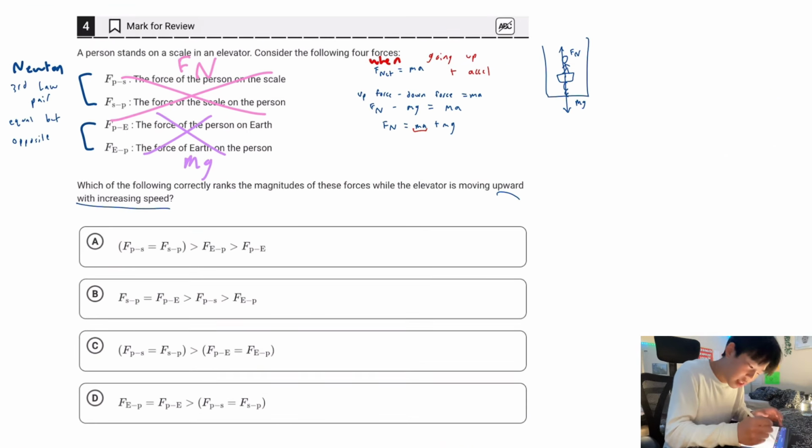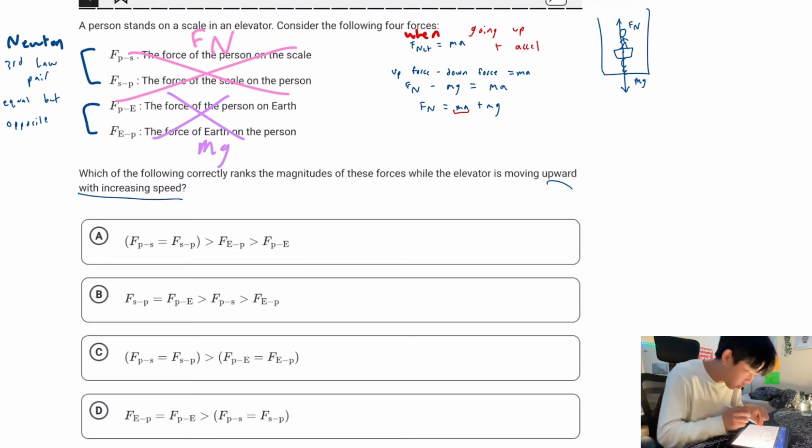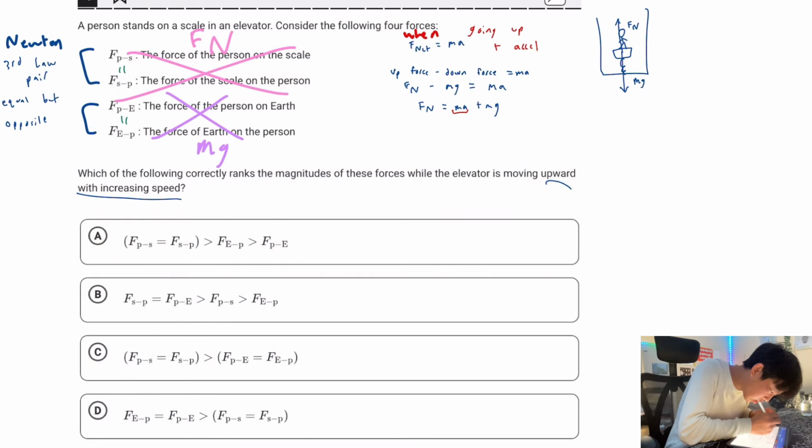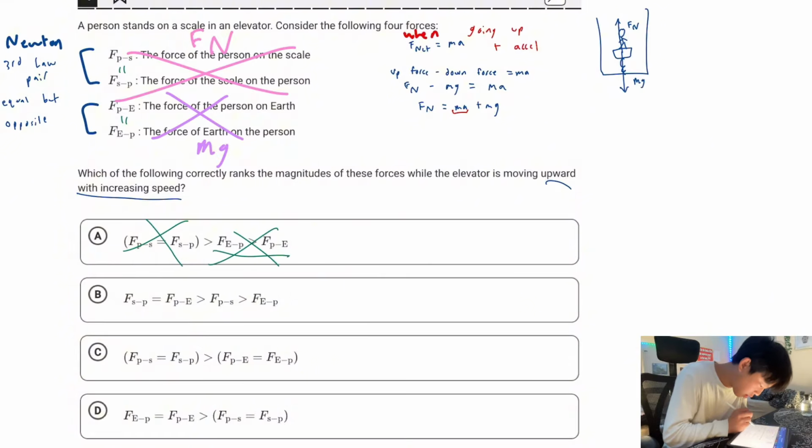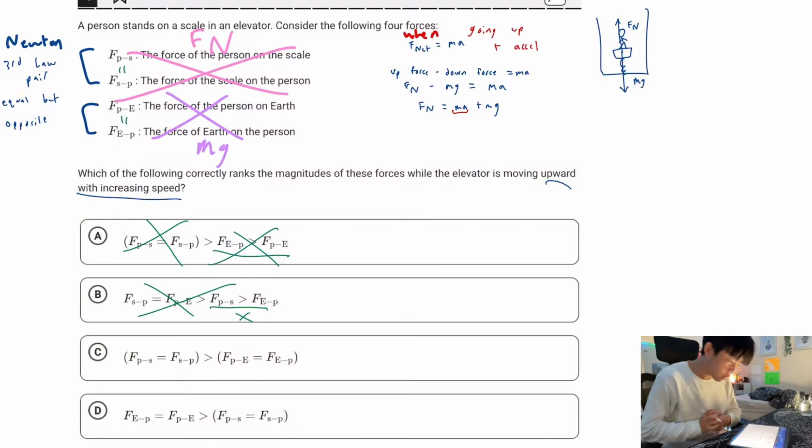Now we start eliminating answer choices. These need to be in pairs. So FP and E need to be equal to each other, and these need to be equal to each other. It can't be this one because they're not equal to each other. It's not this one either, because these aren't equal to each other. So it has to be either C or D. Which one of them says that Fn, the normal force, is greater than mg?